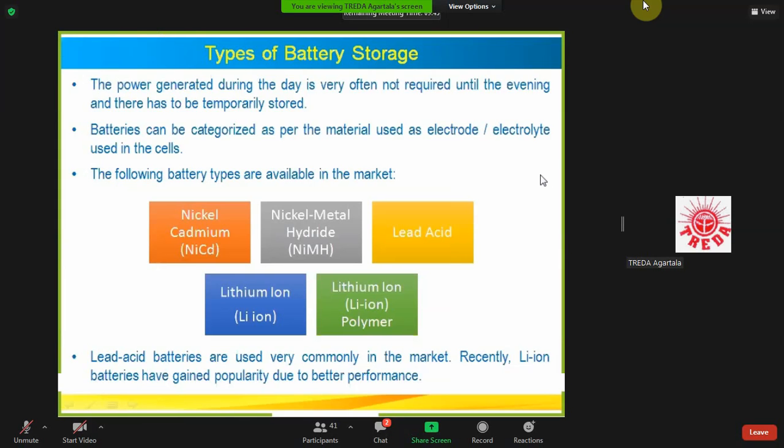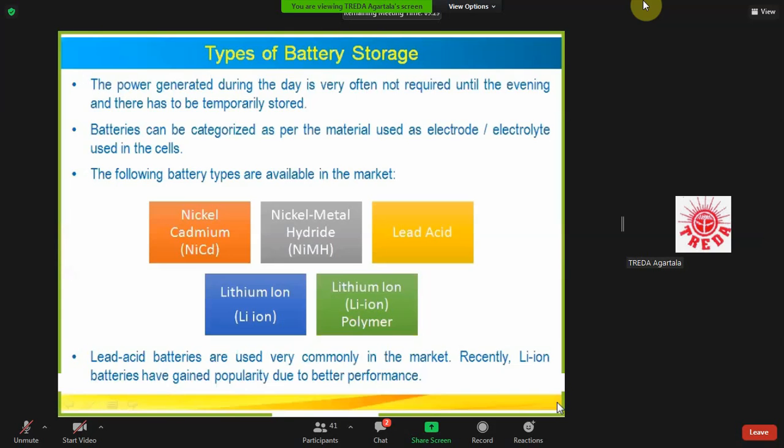So these types of batteries are available in the market and are used in renewable energy systems. Lead acid batteries are used commonly in the market.